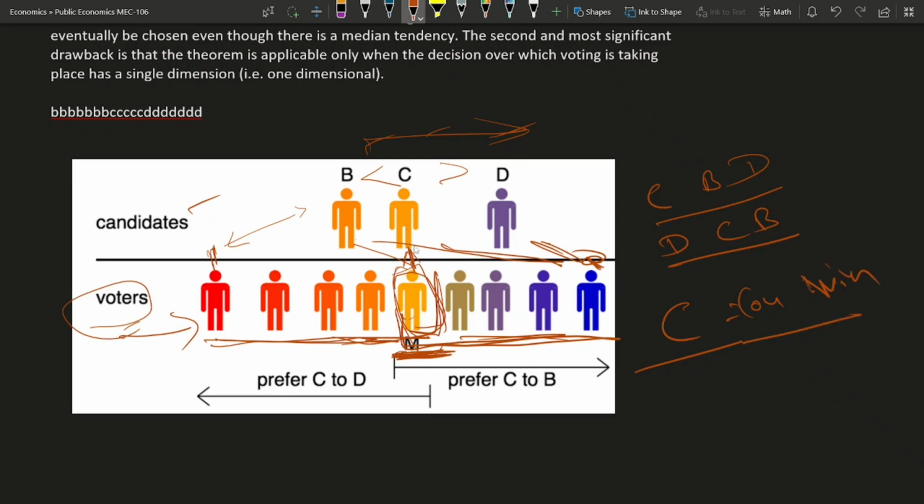So it is possible that the majority here, 4 voters are thinking B is the first preference, 4 voters are thinking D is the first preference, and only 1 voter is making C the first preference, but still C can be the Condorcet winner if the median voter decides that C is his first preference. So this was the median voter theorem.